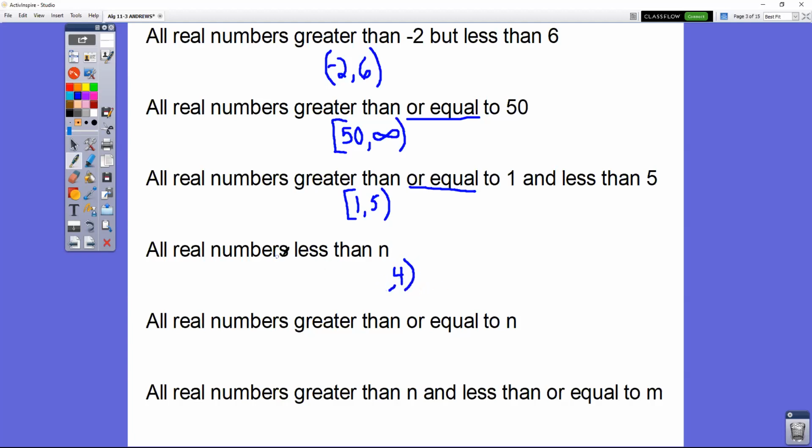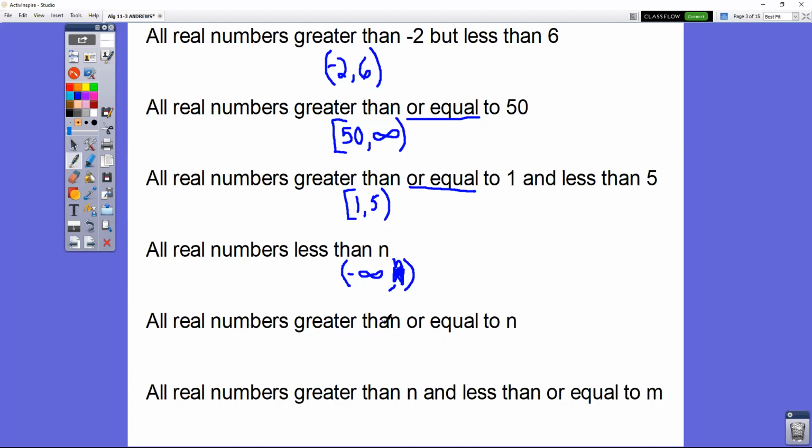But we want all the numbers that are less than n, so this is going to be negative infinity. Now, I wrote a 4 there. Obviously, you would not have a 4 in your answer, because it says n. I was just using 4 as an example. This is where n would be. So negative infinity, comma, n, with round parentheses.